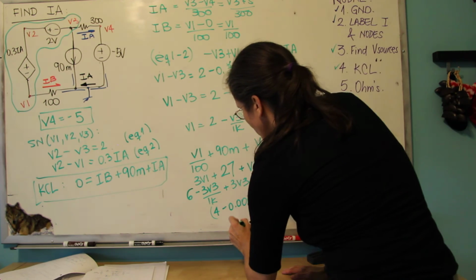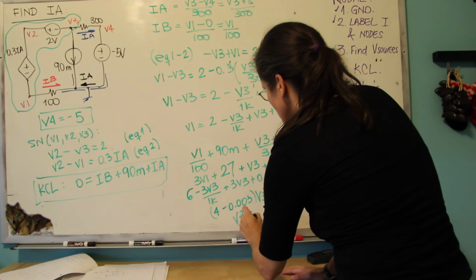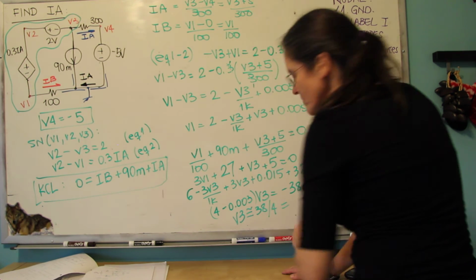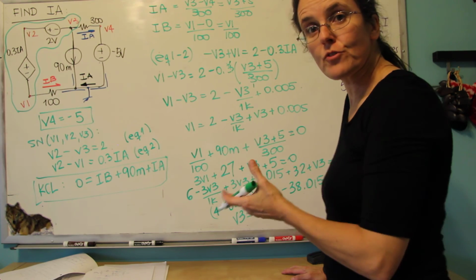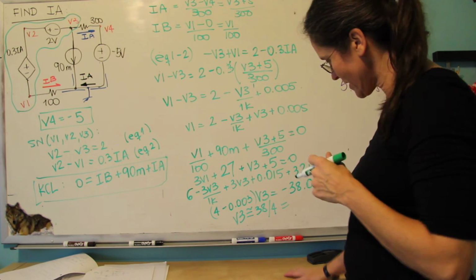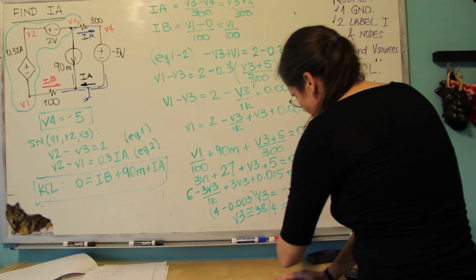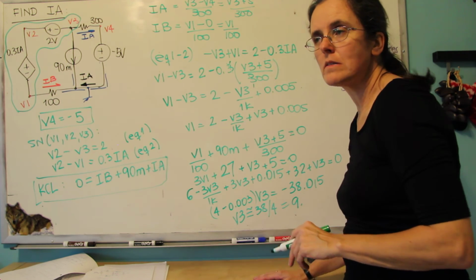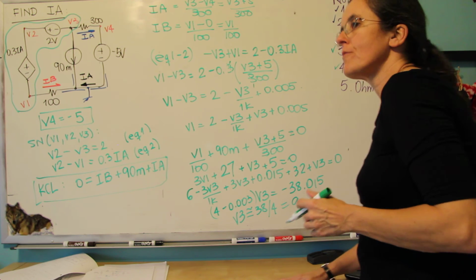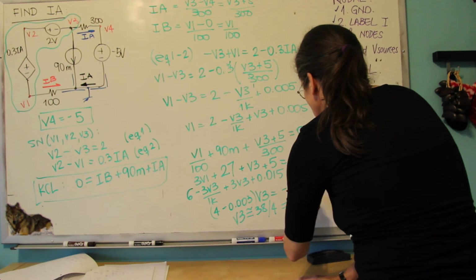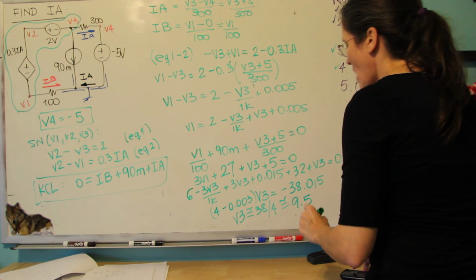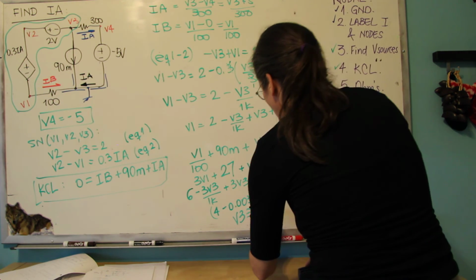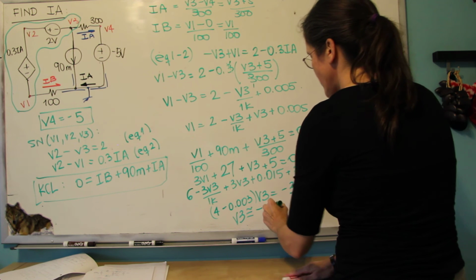But I don't have a calculator in the exam, so I'm going to say that V3 is approximately 38 divided by 4. Now 38 divided by 4, you need to know how to calculate even without a calculator. So 4 times 9 is 36. And I have 2 to divide by 4. 2 divided by 4 is half, more or less. Except I forgot a minus here. Right, this minus here.